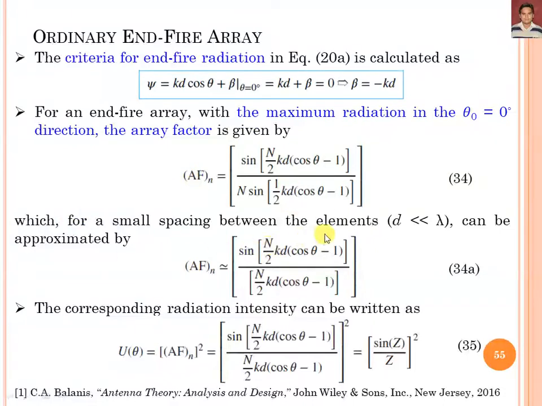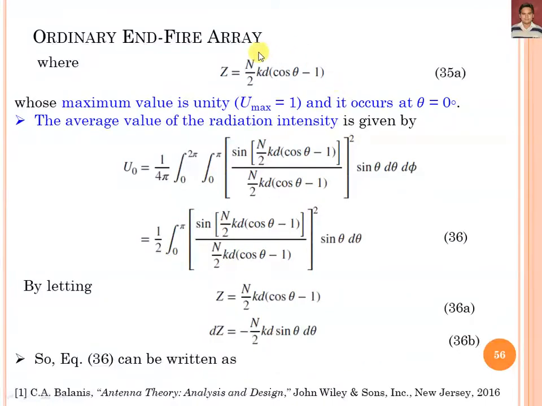For small spacing between the elements, if d is less than lambda, then this array factor can be approximated as sine of theta approximately equal to theta, where theta is equal to n by 2 times (kd cos theta minus 1). So the radiation intensity U of theta can be calculated, which is equal to the array factor squared, and again we consider (sin z upon z) whole squared, where z is equal to n by 2 times (kd cos theta minus 1).